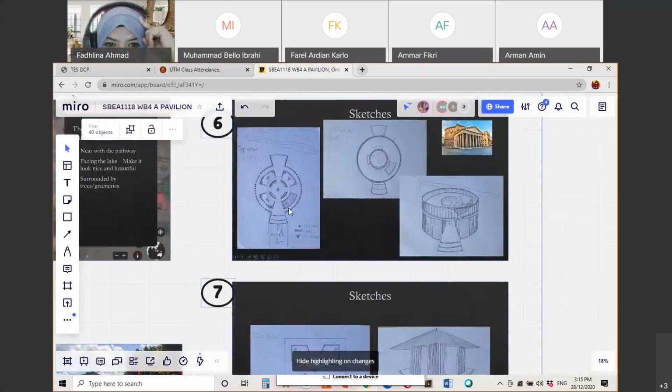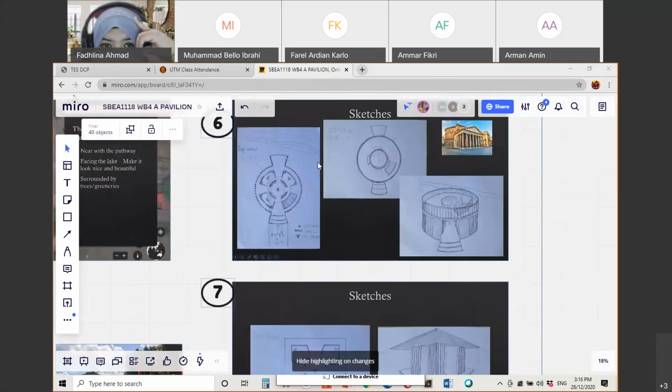I decided to make a two story pavilion, and after the sketches that I made, I decided to just make a one story pavilion.